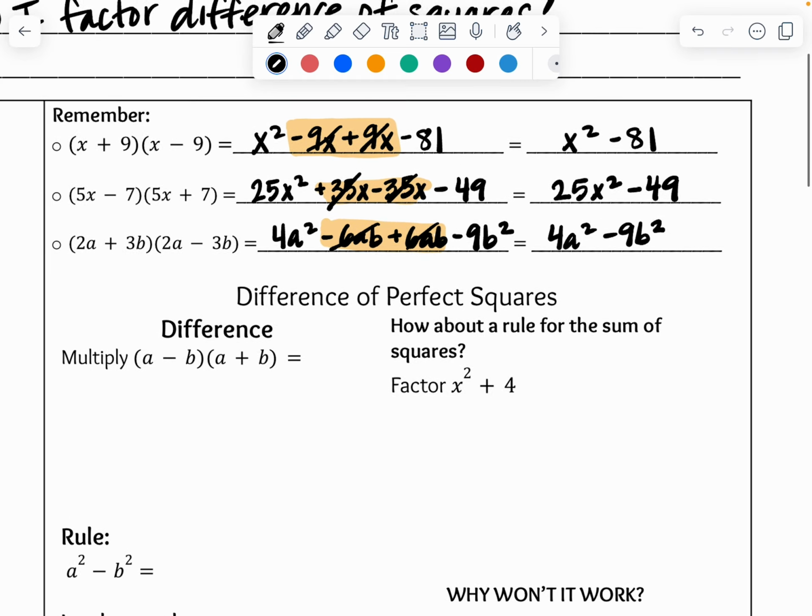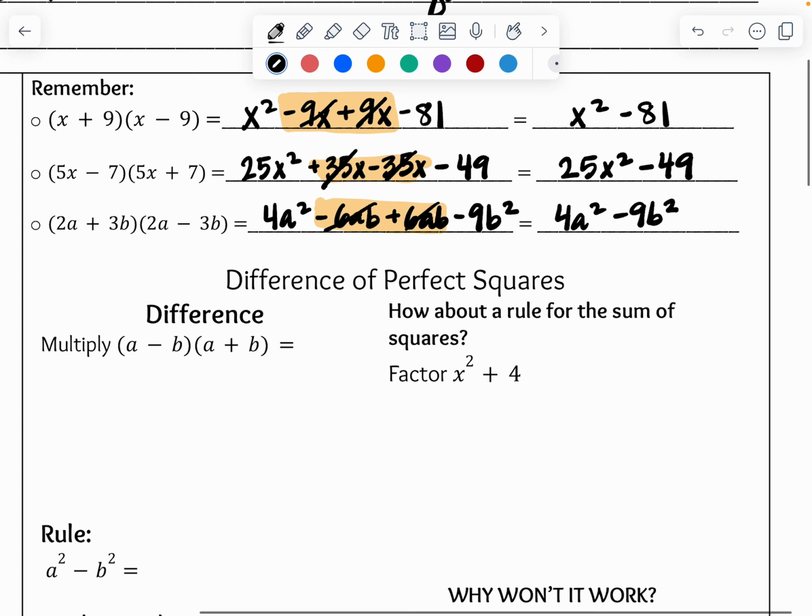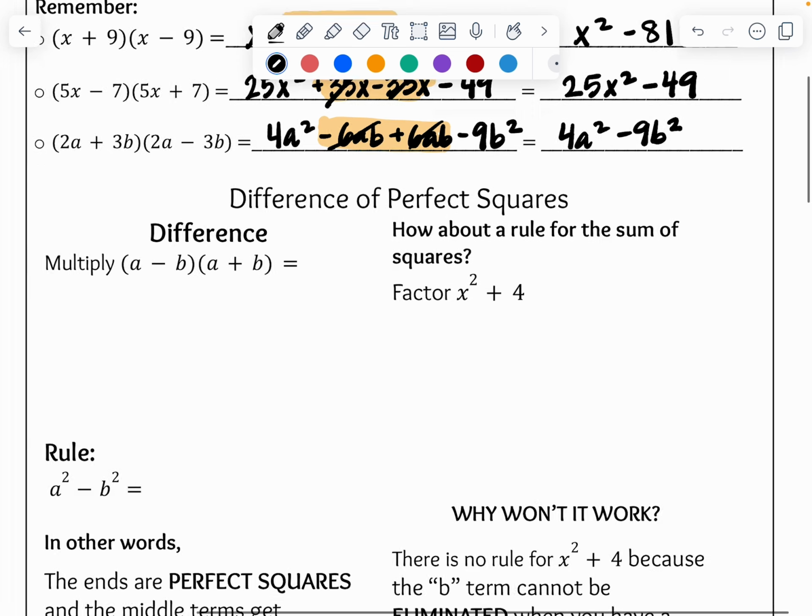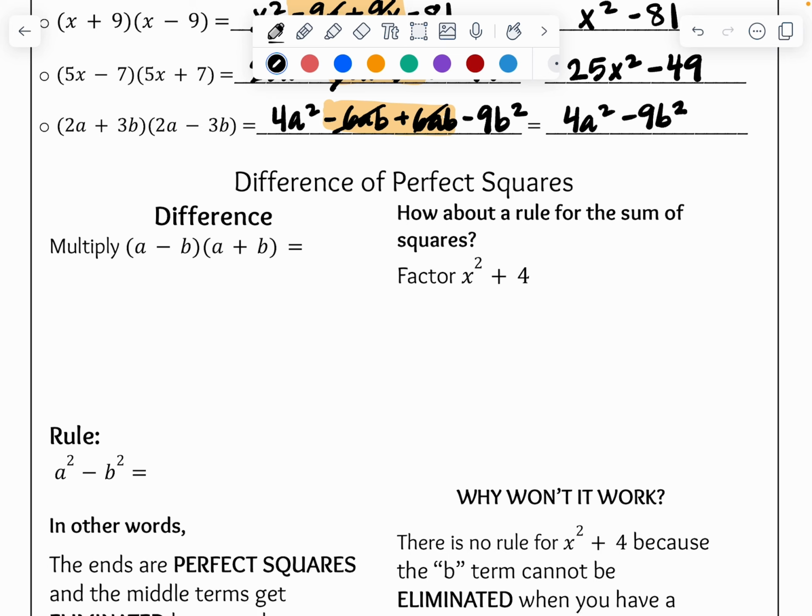Now, we are factoring in this objective, so we are wanting to reverse that, but we can just memorize the rule for difference of squares.